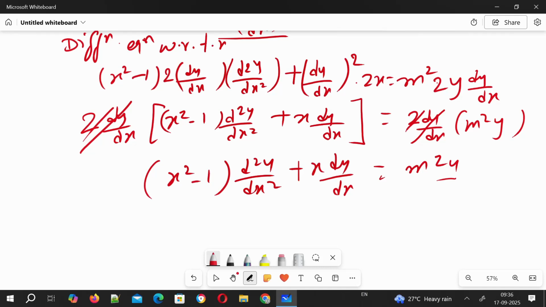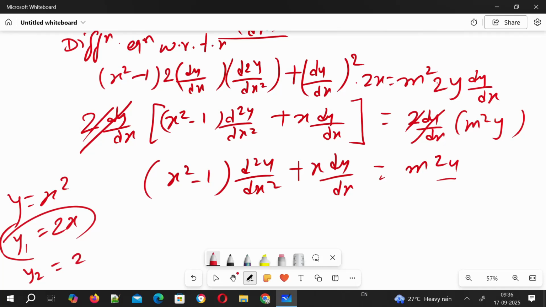And you know very well, if y equal to x square is given, and you differentiate one time, you can write y1 equal to 2x, right? Again you differentiate y1, you can write y2 equal to 2. So here d2y by dx square is given, so you can use y2 at this place.